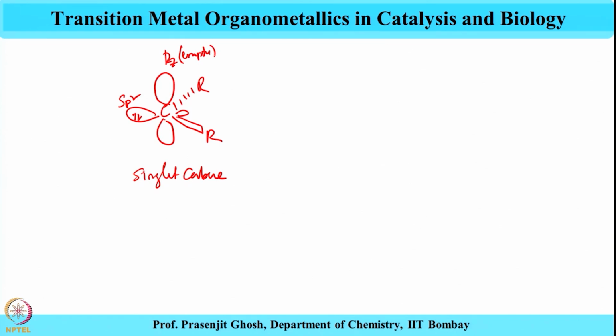Singlet carbene is more common in Fischer carbene, where the carbene moiety has a heteroatom, and that has the following kind of resonance structure, which is elaborated over here. The metal is anionic in nature, particularly because of electron donation from the singlet carbene, which makes the carbene positive and the metal negative.